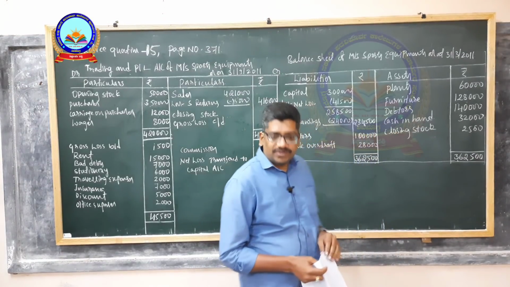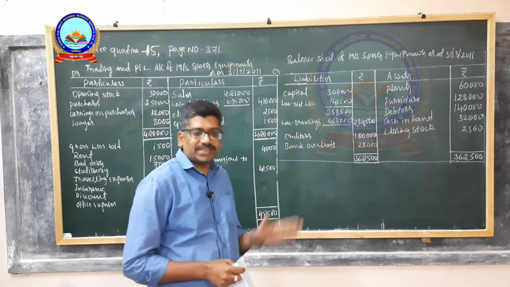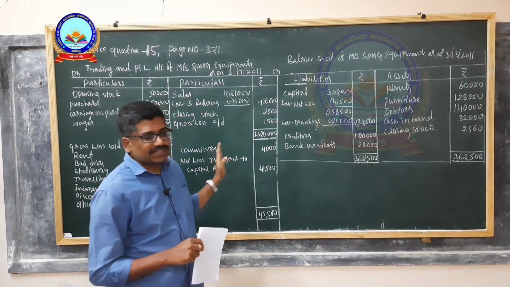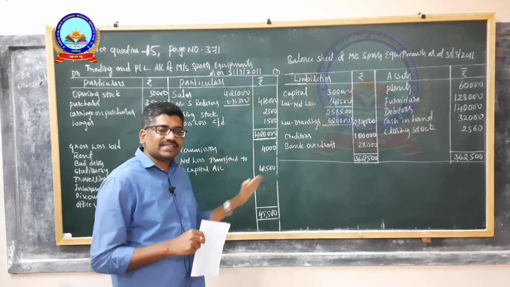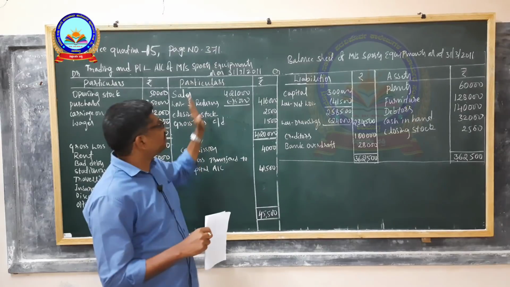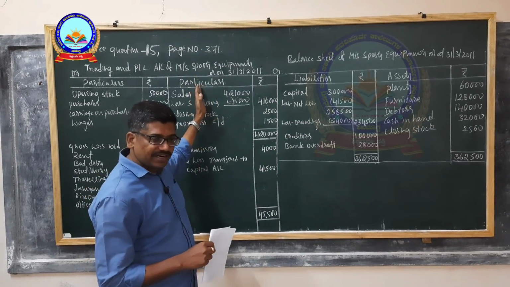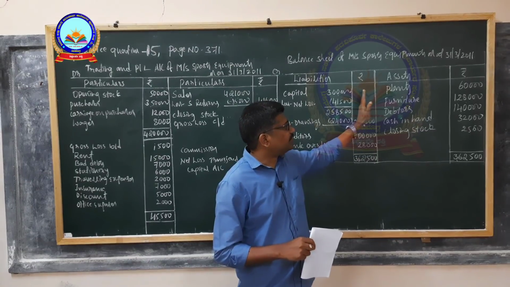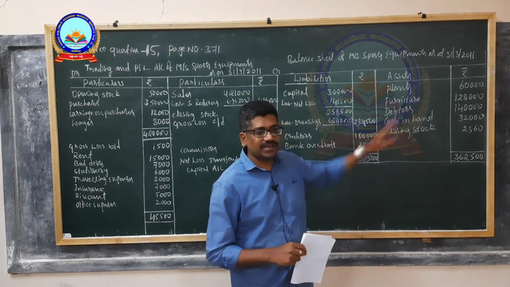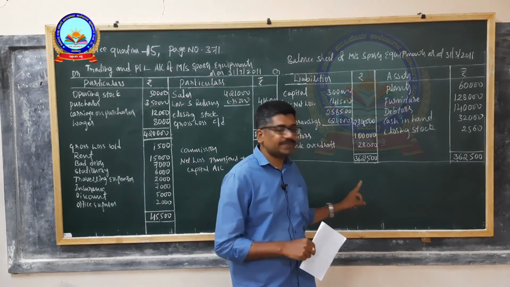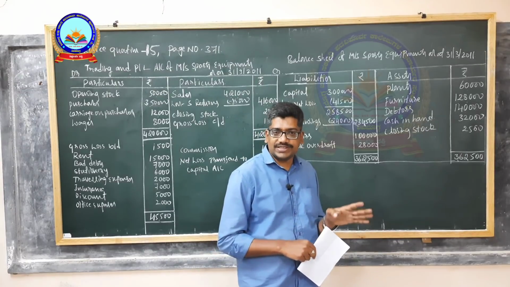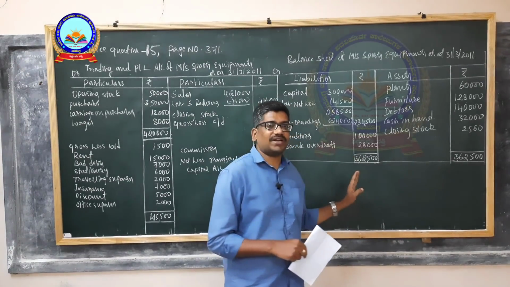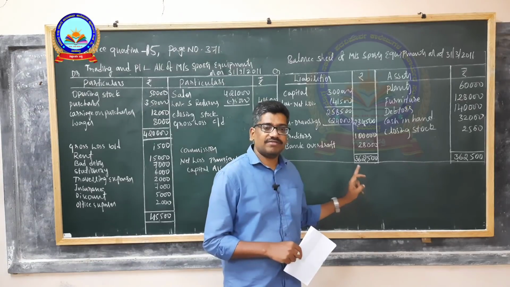As I explained in the previous problem, the very purpose of preparing the trading and profit and loss account is to assess the true and fair financial performance of the business, and preparing a balance sheet gives a true and fair view of the financial position of the business, and it fulfills the accounting equation A equals L plus C. So the asset side is 3,62,500, and the combination of liabilities and capital side is also 3,62,500.